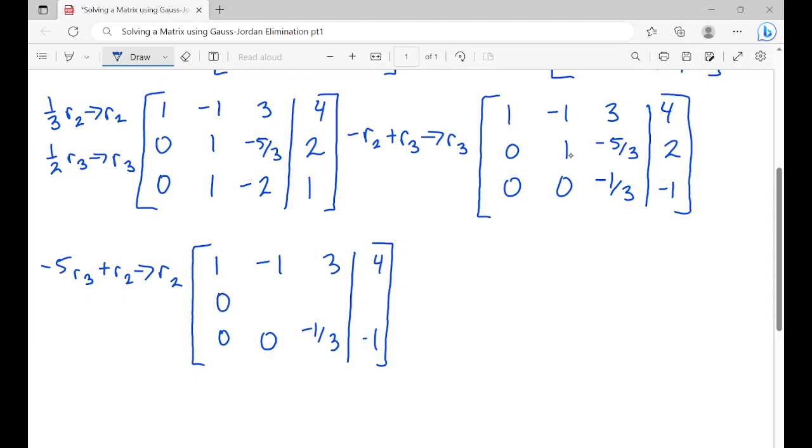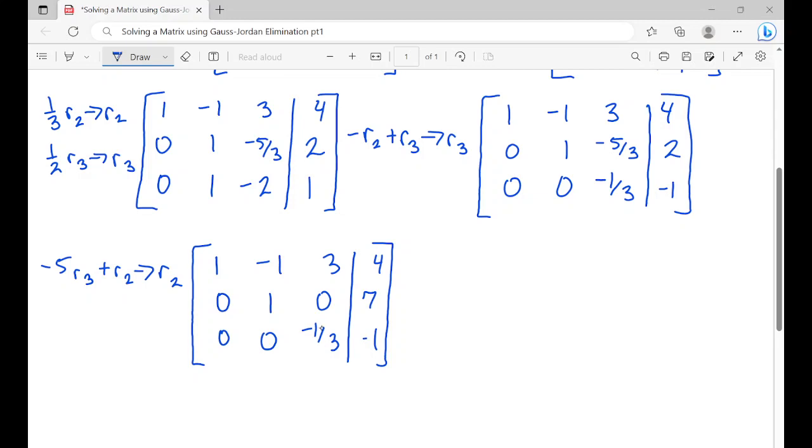Same thing here, added to 1 is also 1. Now -5 times -1/3 is a +5/3, and a +5/3 added to a -5/3 is 0. And then -5 times -1 is going to give me a +5. +5 plus 2 is 7.